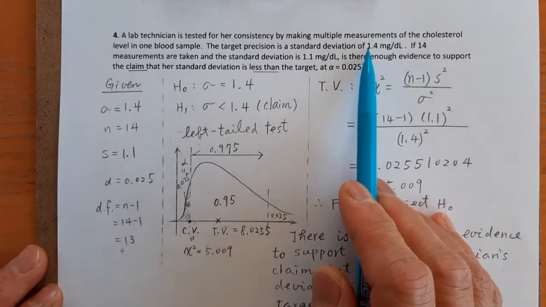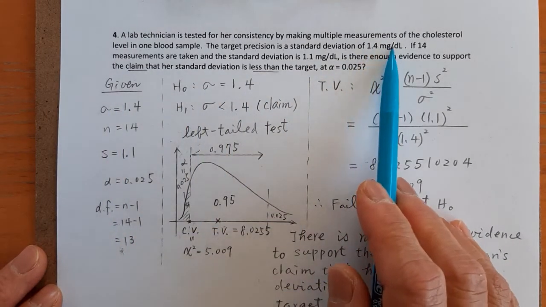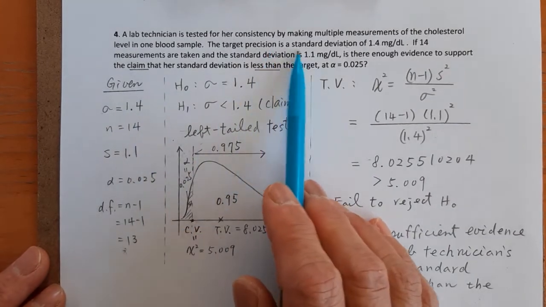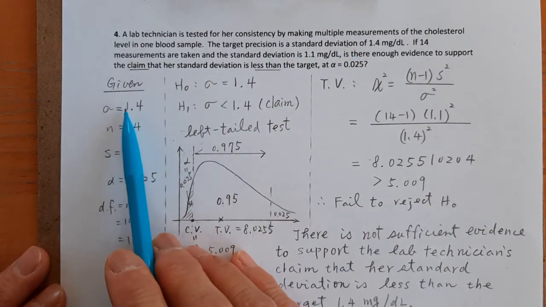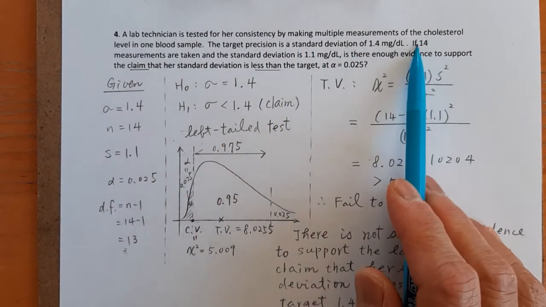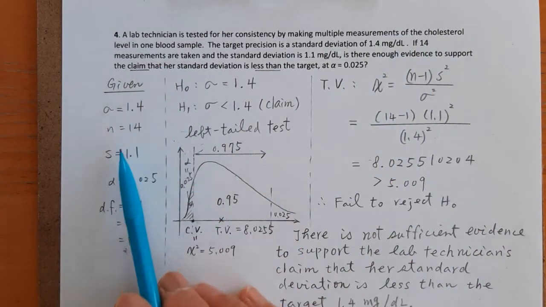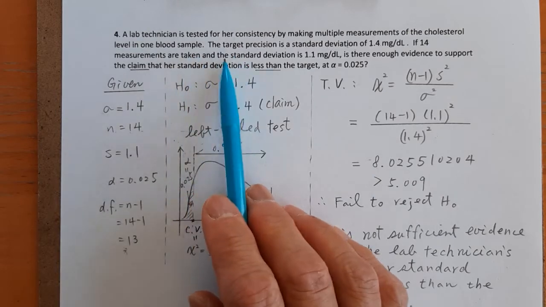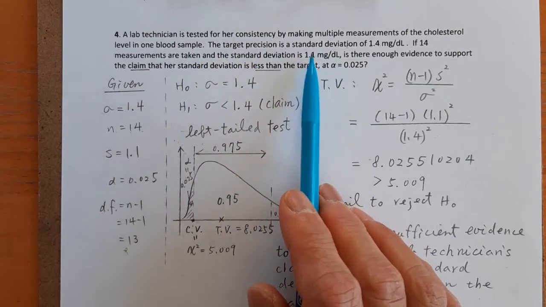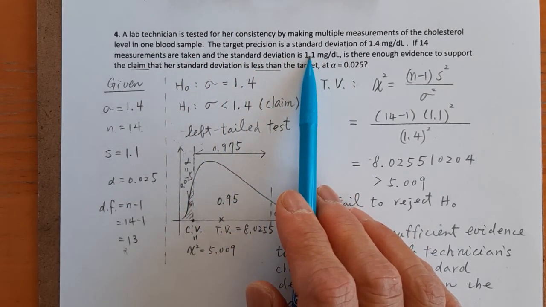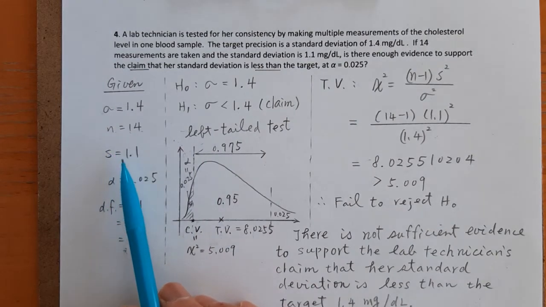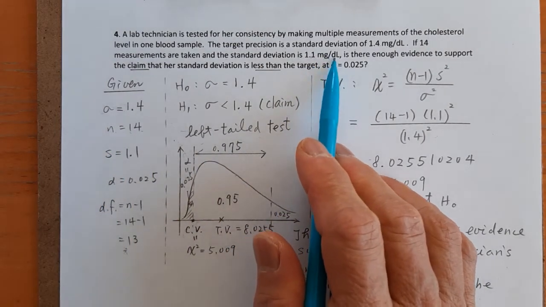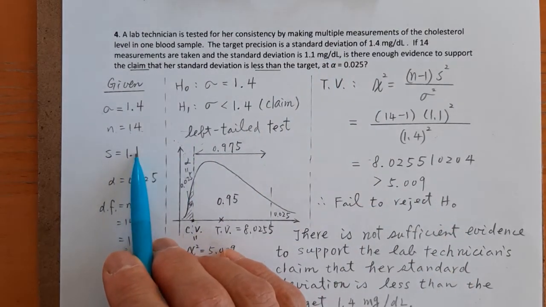Standard deviation is 1.4 milligram per deciliter. If 14 measurements, so n equals 14, are taken, and the sample standard deviation, so we put s, is 1.1 milligram per deciliter.